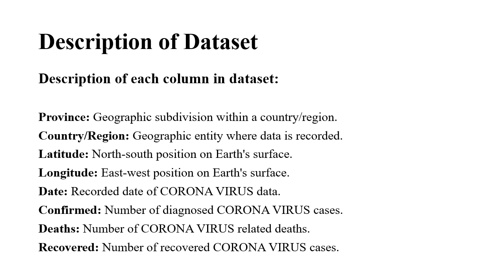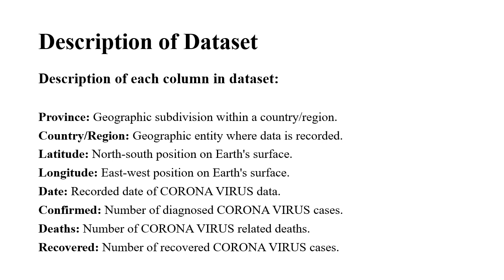And now we have the description of the data sets which we were given. The first one, we have the province, which is the geographic subdivision within a country or region. We have the country or region, which is a geographic entity where the data was recorded. And we have the latitude, which is the north-south position on the Earth's surface. We have the longitude, which is the east-west position on the Earth's surface.